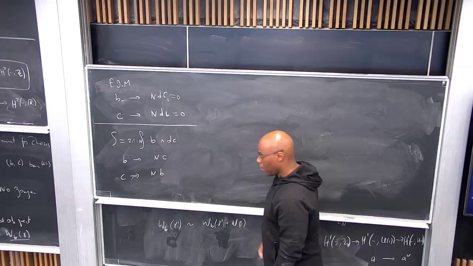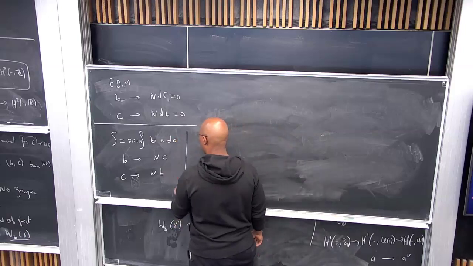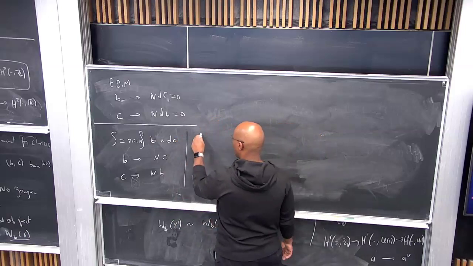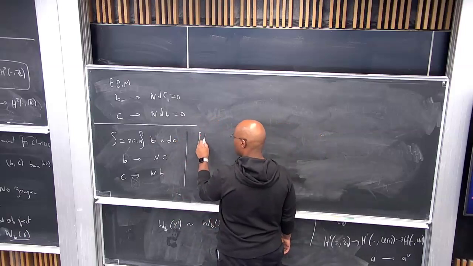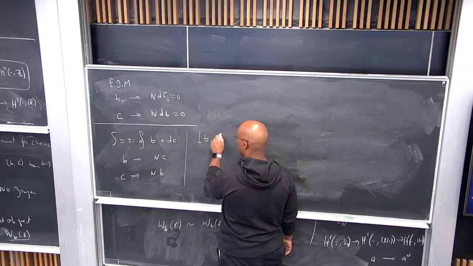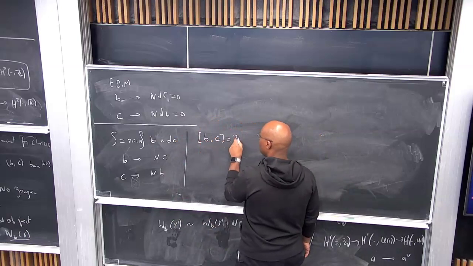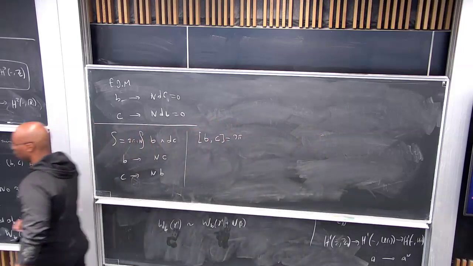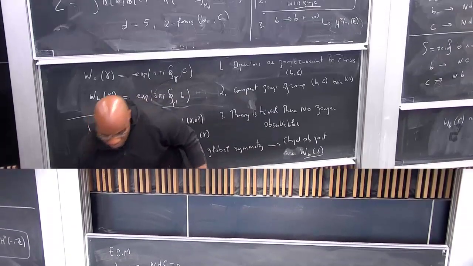So in quantum mechanics, when you have two variables that are conjugate to each other, we have the Dirac quantization condition, where we say B commutator with C is 2 pi i. Let me write this formula first.